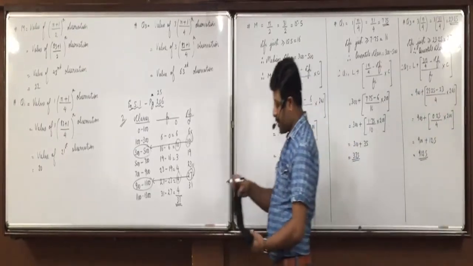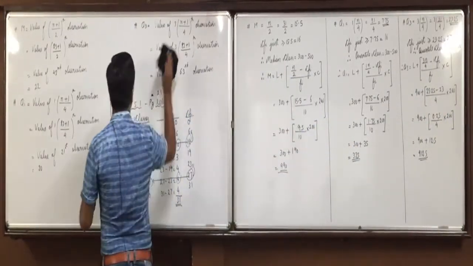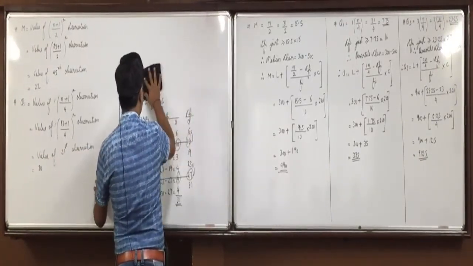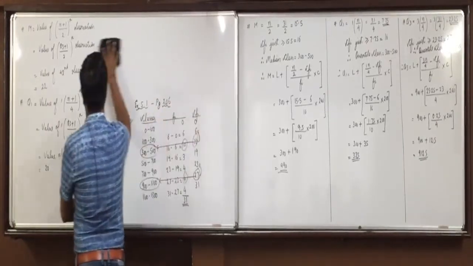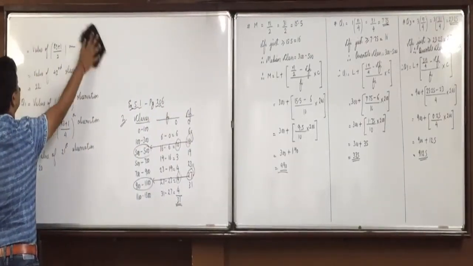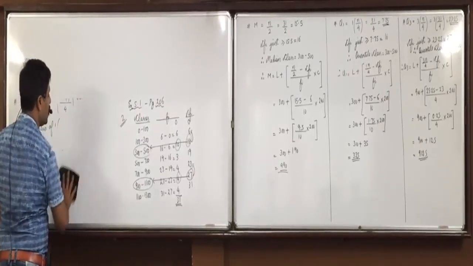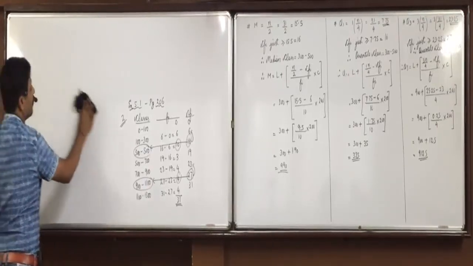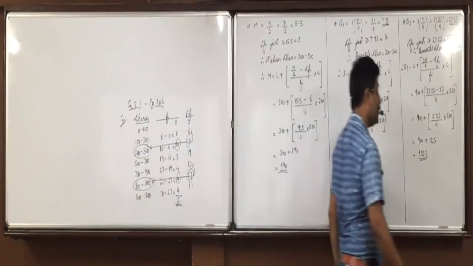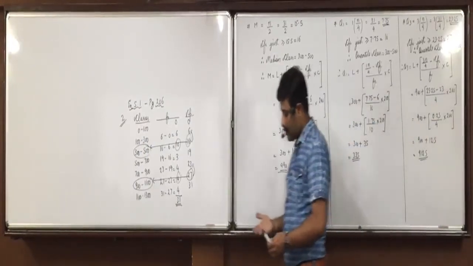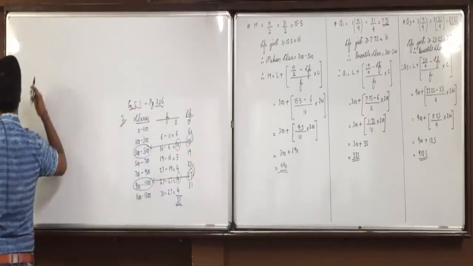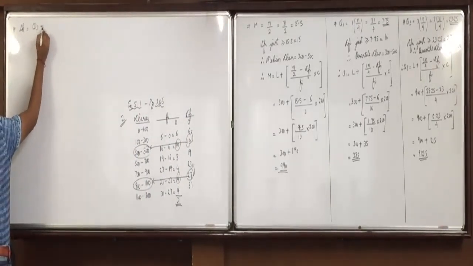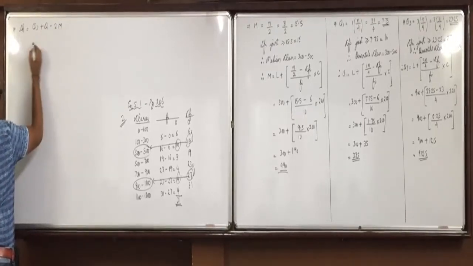Now in the question, are you asked skewness and coefficient, both or only coefficient? Both are asked. So first we'll obtain skewness, then we'll obtain coefficient. Now, what is the formula of skewness? The first one, only numerator, that is Q3 plus Q1 minus 2M.